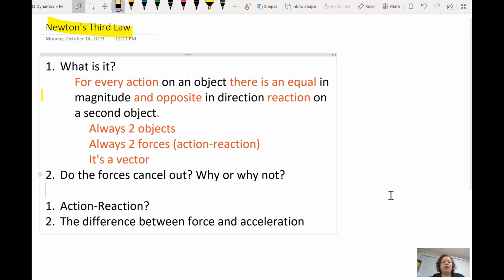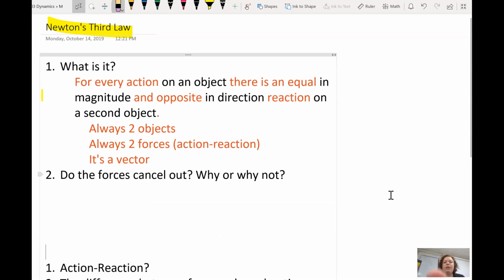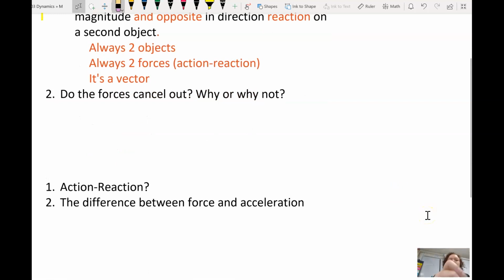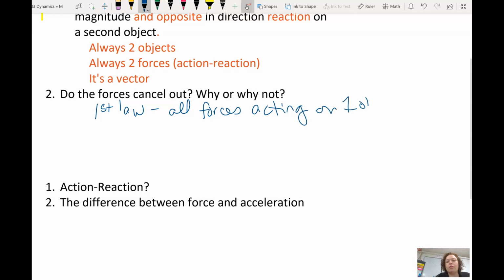I think I mentioned in Newton's first law, and we're going to discover second law pretty soon, that first law is always based on one object. So first law is all the forces acting on one object. But third law is different.